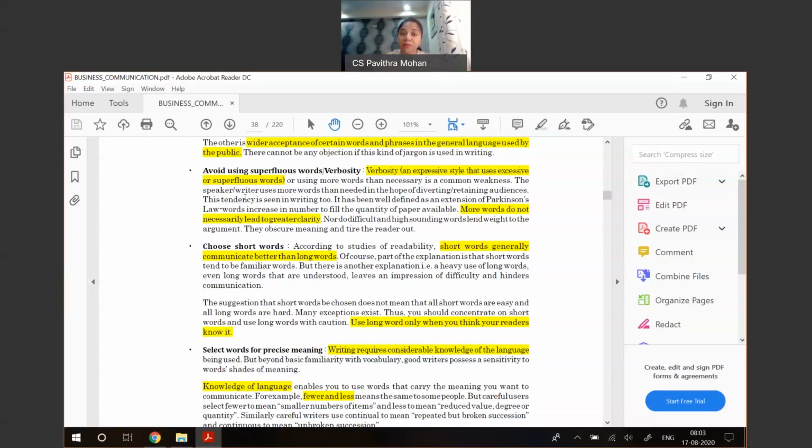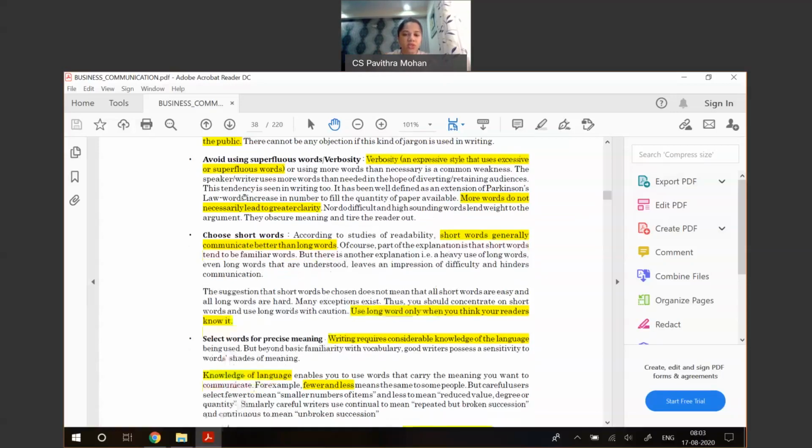So when you are presenting certain information, kindly know that you don't use superfluous words or verbosity. Instead, use words which you are really comfortable with. If it is unnecessary or not providing clarity, kindly use simple words instead. Then choose short words.